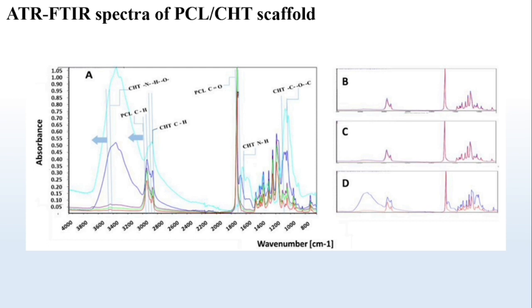The ATR-FTIR spectral comparisons of both sides in the same membrane show almost homogeneous blending in the material with the ratios 90-10 and 80-20, with similar intensities of PCL and chitosan bands on both surfaces.